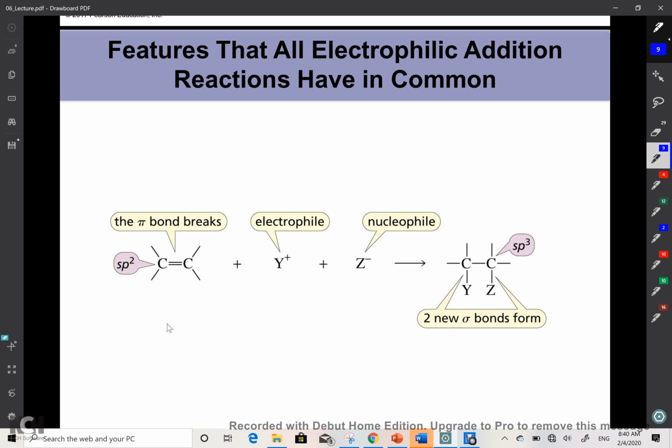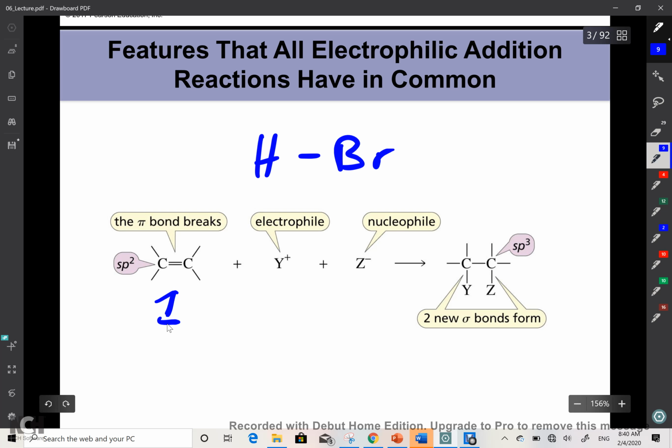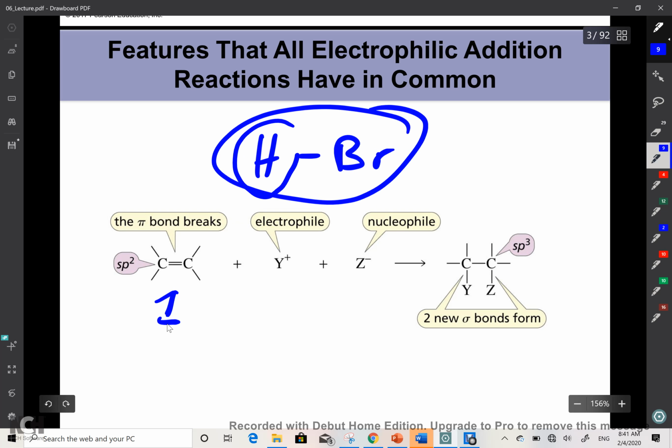All electrophilic addition reactions have some features in common. First, the pi bond is broken. And then you will have an electrophile. Take note, when we had the first example, HBr, I didn't call HBr the electrophile. I said the electrophile was the hydrogen bonded to the bromine.